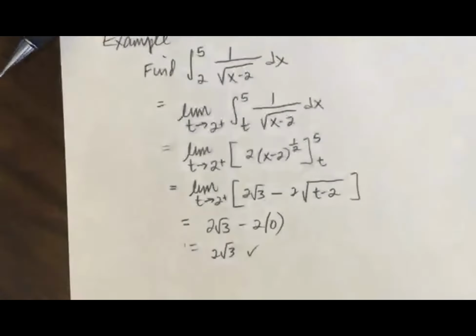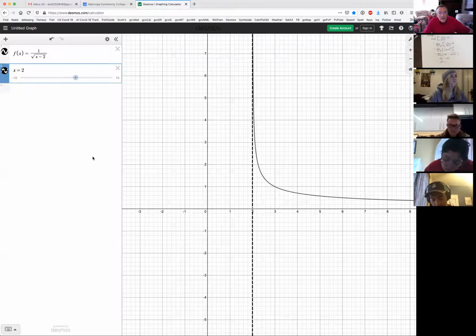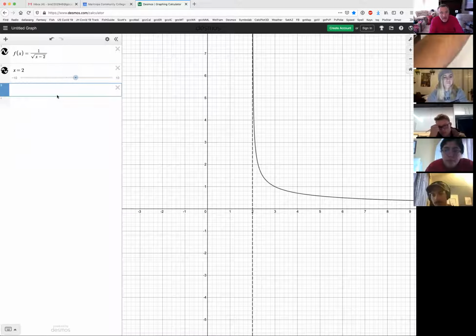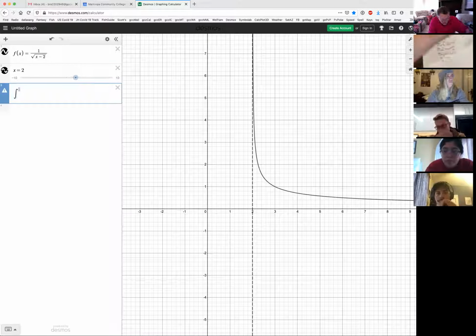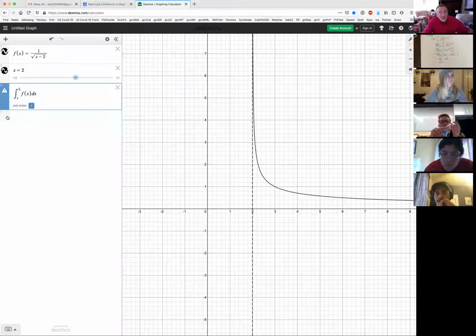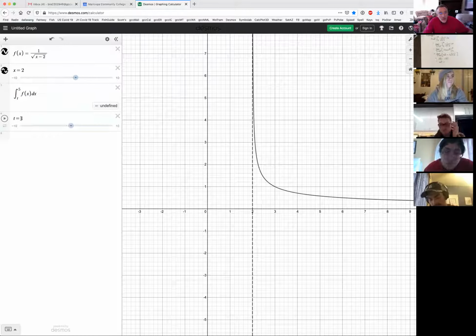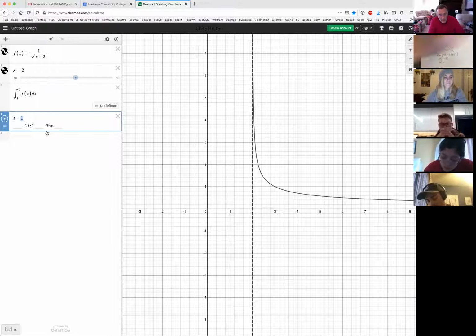And now to check, we got to go back to Desmos and check. And we would say, what happens when I take the integral from t to 5 of f of x dx when t gets closer and closer to 2, but a little bit bigger than 2?